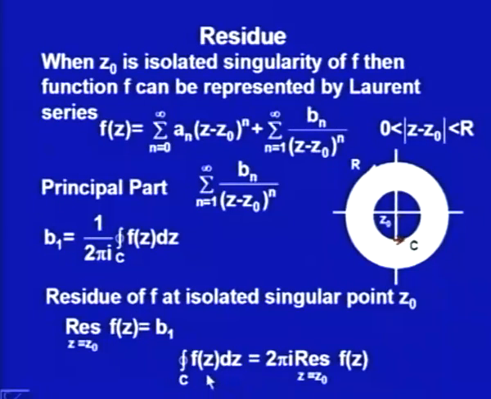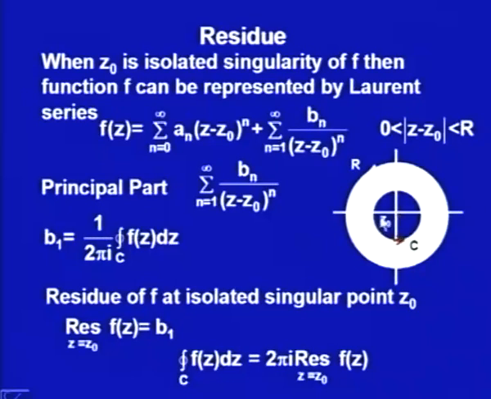We had the Cauchy integral formula, which said that if we have z naught as an interior point of C, then f of z naught we could define as 1 upon 2 pi i integral along that closed contour of f z dz. Now, there also f was analytic completely.